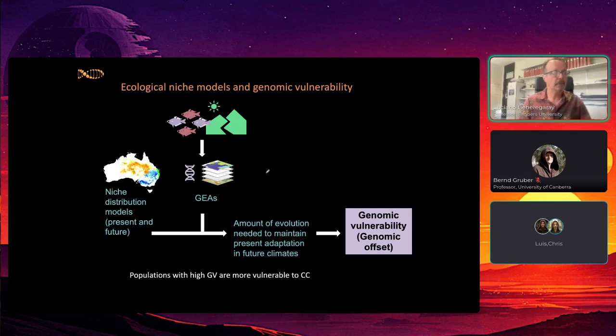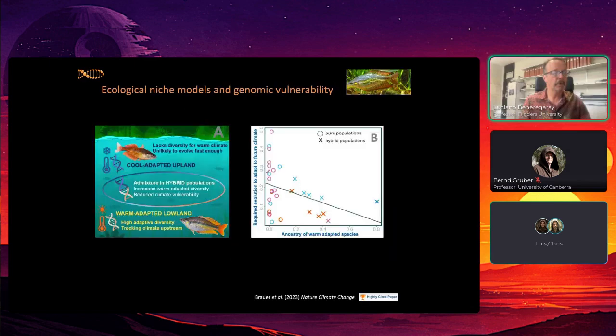If your analysis shows that some particular populations have very high genomic vulnerability, meaning that they need a lot of evolution to maintain patterns of adaptation in the future, they are those populations that are more vulnerable to climate change and might need immediate attention in terms of management practices.